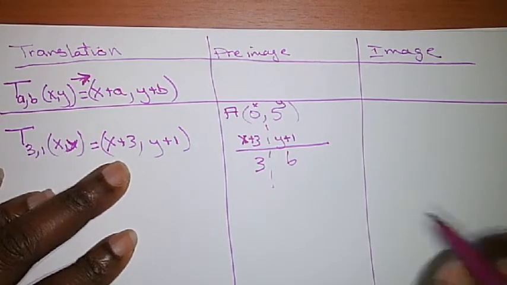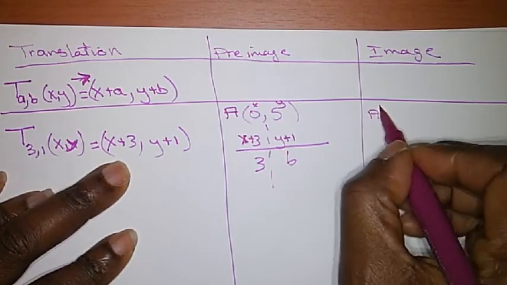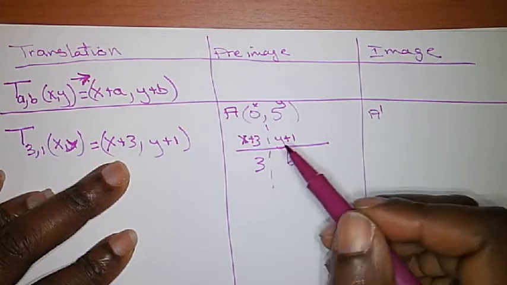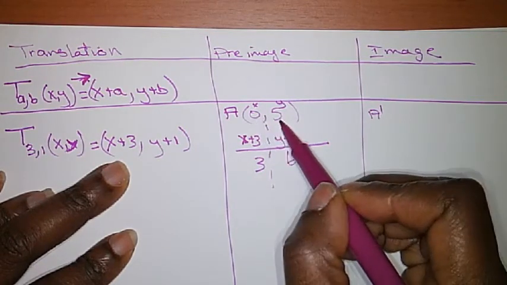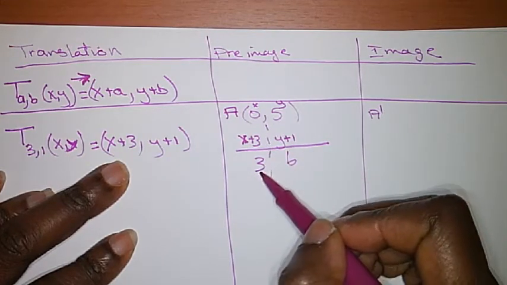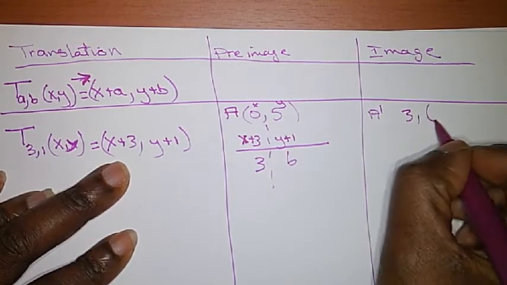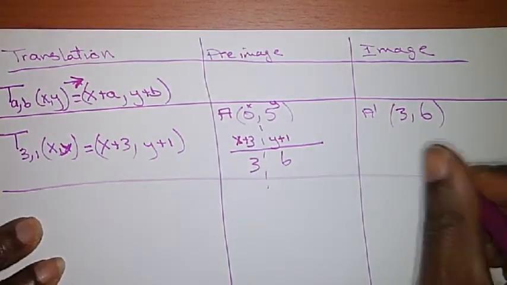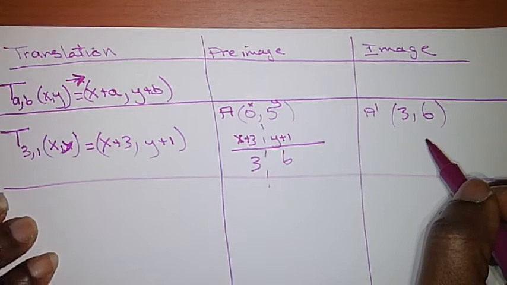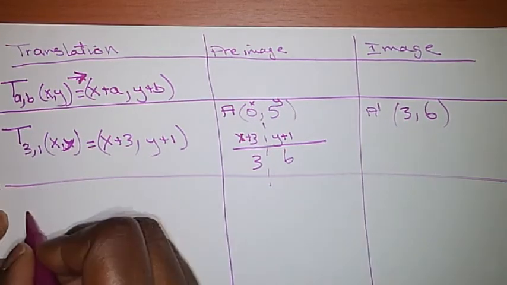So my shift here in my translation is I just translate from 0, 5 coordinate point to 3, 6. So this is my image translation.